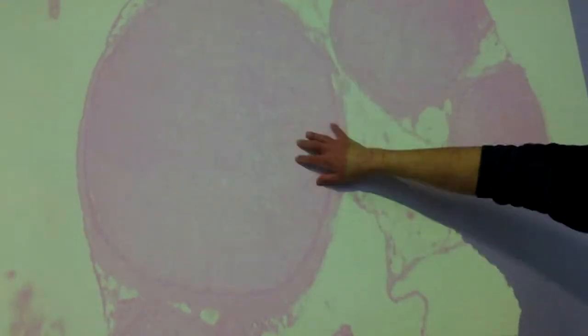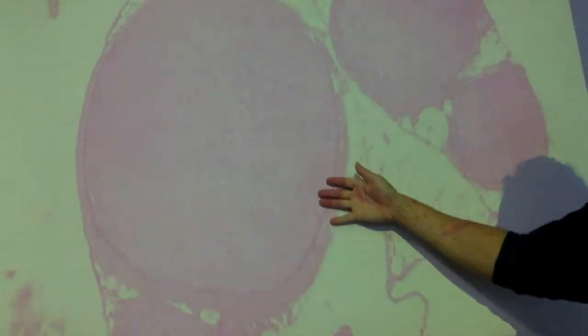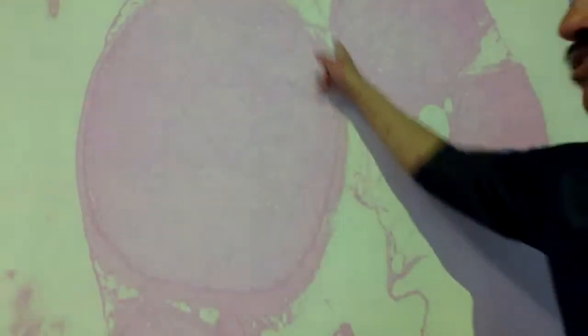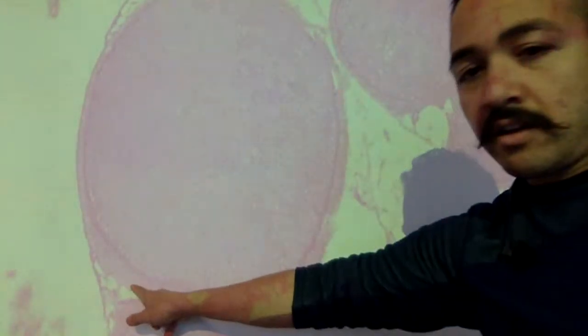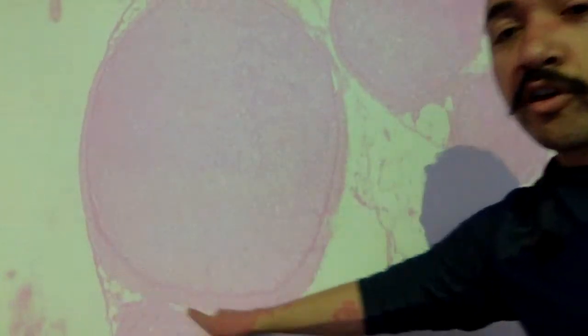Okay, we are looking at 3 nerves here that have been cut. So here's one nerve, really big. Here's another. So let's focus on this one. You can see that this is the whole nerve. We're at 40x right now. So this is the epineurium, surrounding the whole nerve.